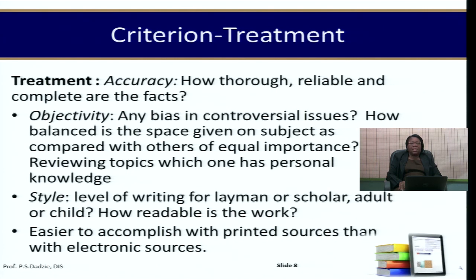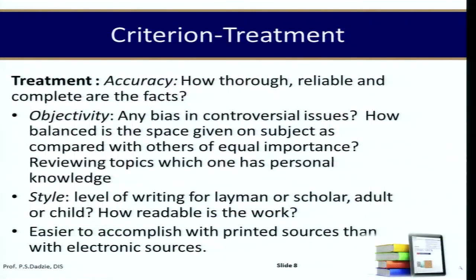Then you also consider the style. What is the level of writing? Is it for the layman or for the scholar? And of course, you wouldn't want to buy a material meant for a scholar to put in, for instance, a children's library. So it is important to consider the style. So criterion 3, treatment: you need to consider the accuracy of the information, the objectivity of the information, and the style of writing.